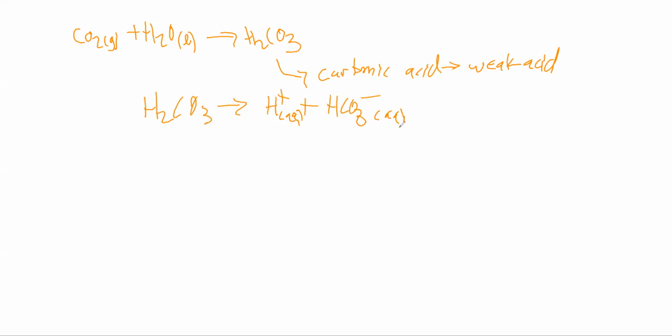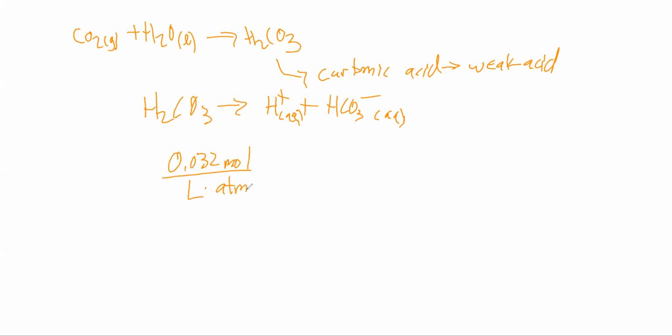So the first part that we're going to do is find out how much CO2 dissolved to begin with. And that's where Henry's law constant is going to tell us. Does anyone remember what that constant means? So we have 0.032 moles per liter atmosphere. What does that tell us?